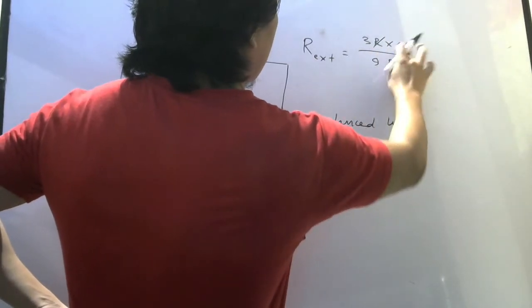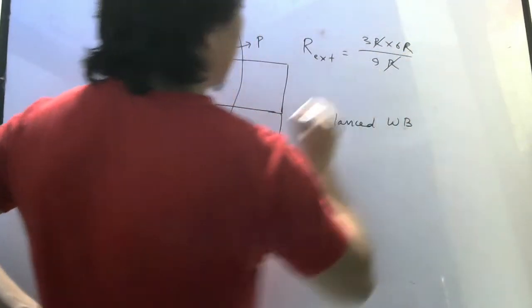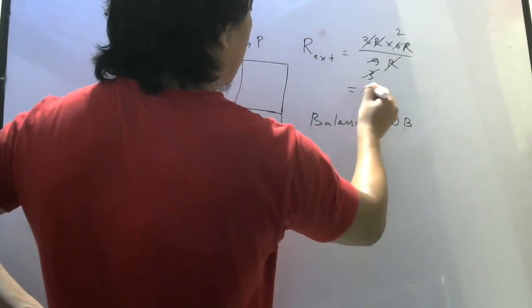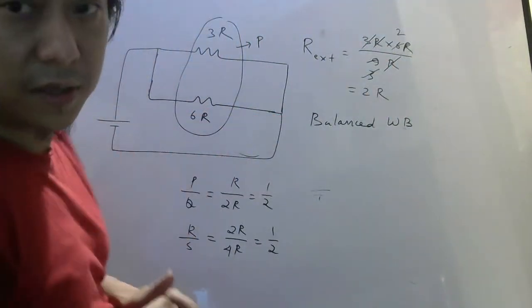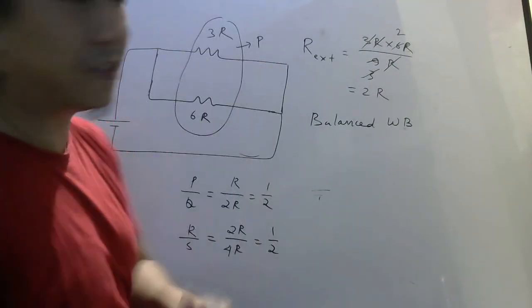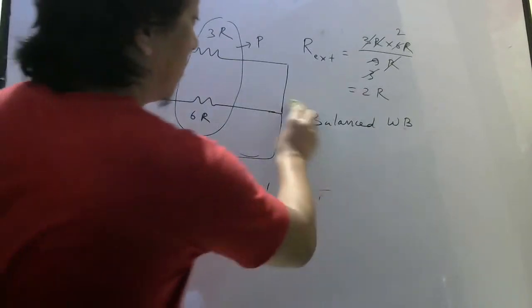Sorry. This R will cancel with this R. 3 2s are 6, 3 3s are 9, so 3 cancels. So 2R. So external resistance of the whole circuit we have found. Equivalent external resistance is 2R total.